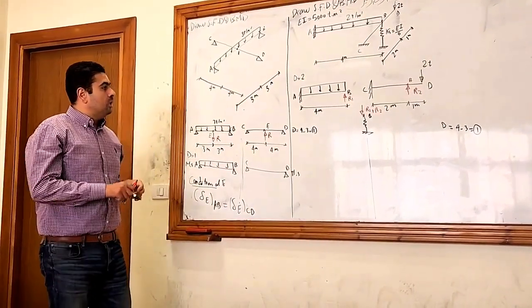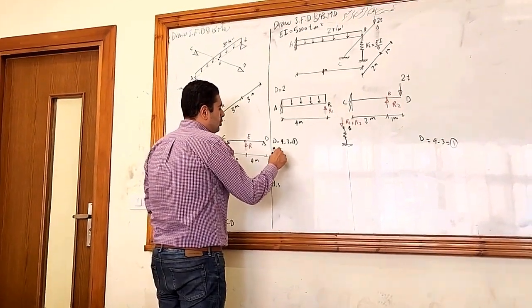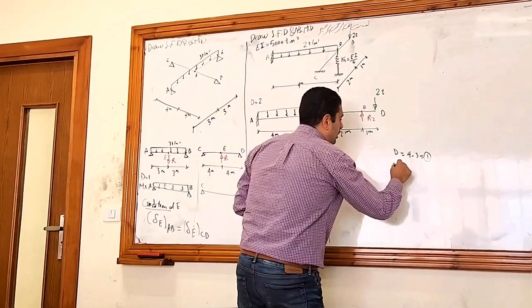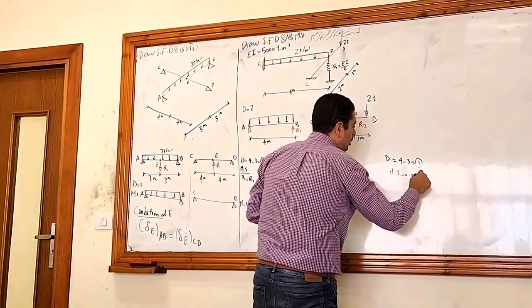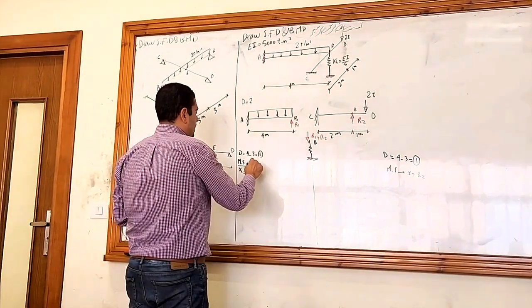So let's continue. What will be the main system? The main system: remove R1. So the redundant will be R1, and here the redundant will be R2. The main system will be like this, a cantilever.